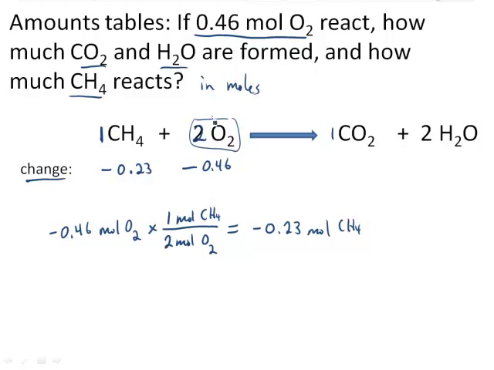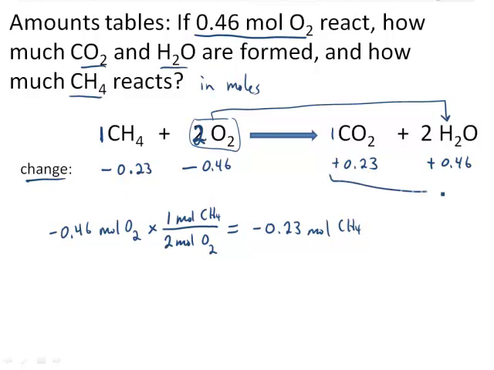The amount of O2 lost equals the amount of H2O gained, because you have 2 moles of O2 reacting to form 2 moles of H2O. So that's going to be plus 0.46 moles. The amount of CO2 forming: for every 2 moles of O2 reacting, you make 1 mole of CO2. So if you have 0.46 moles of O2 reacting, you have 0.23 moles of CO2 forming.